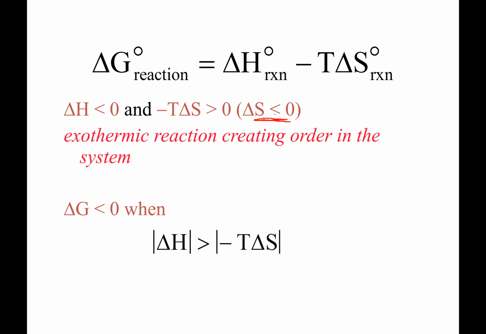So you still have a couple of options here, but it will be spontaneous if that enthalpy term is greater than the entropy term. Specifically, the absolute values need to have this relationship.